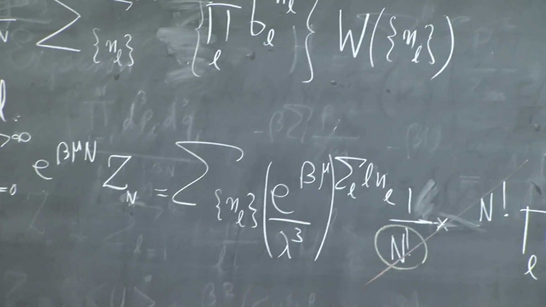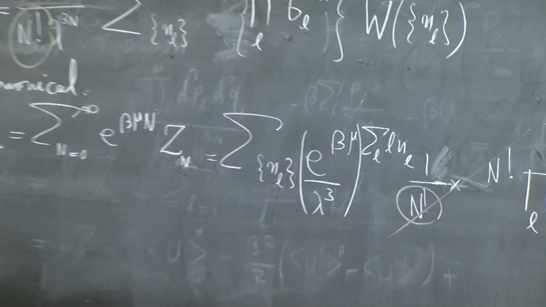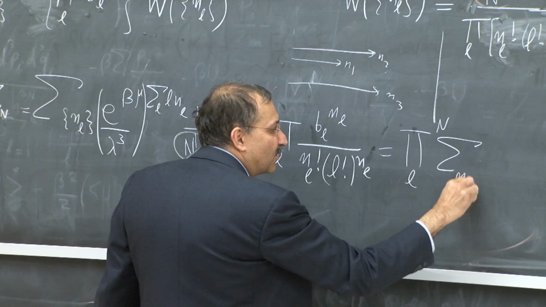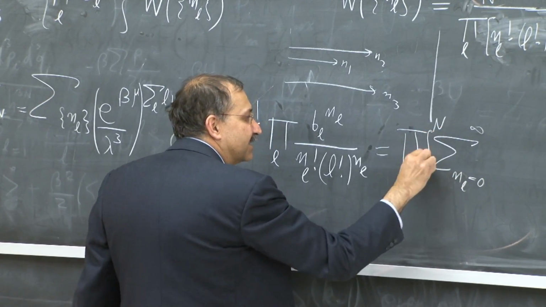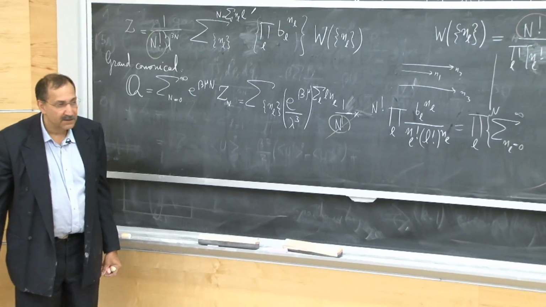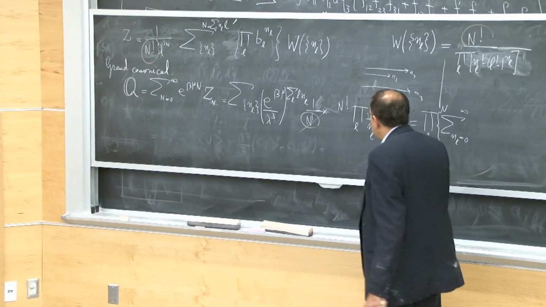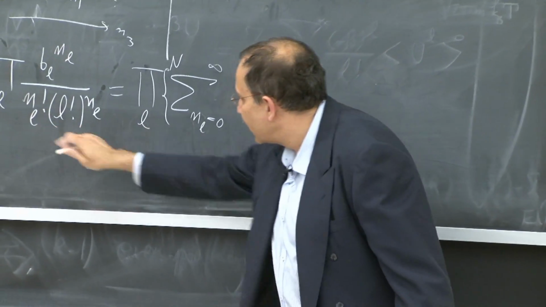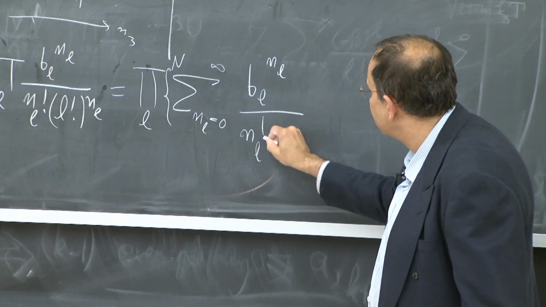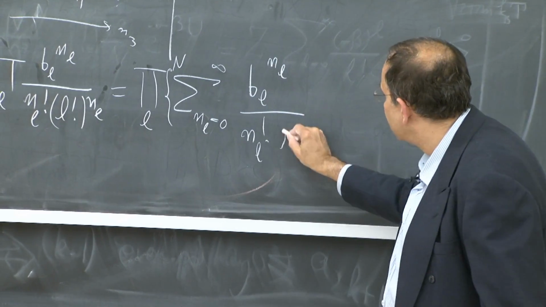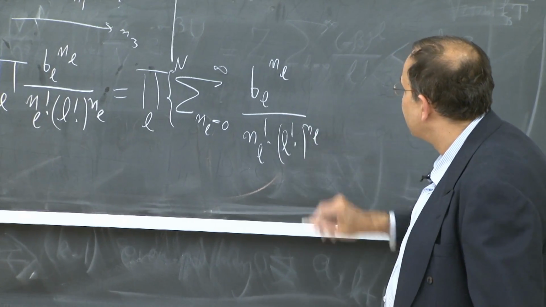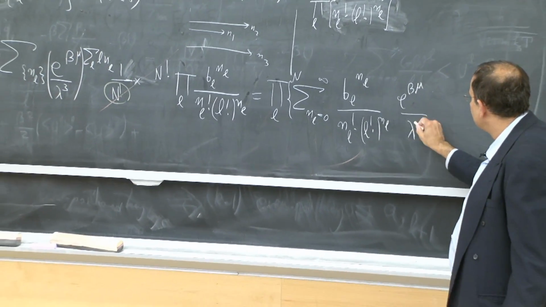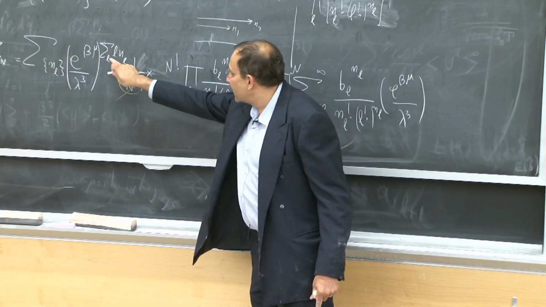So this part cancels. For each L, I can now independently sum over the values of nL, which can be anything, 0 to infinity. And what do I have? I have bL to the power of nL, division by nL factorial, L factorial to the power of nL, and then e to the beta mu over lambda cubed raised to the power of L nL.